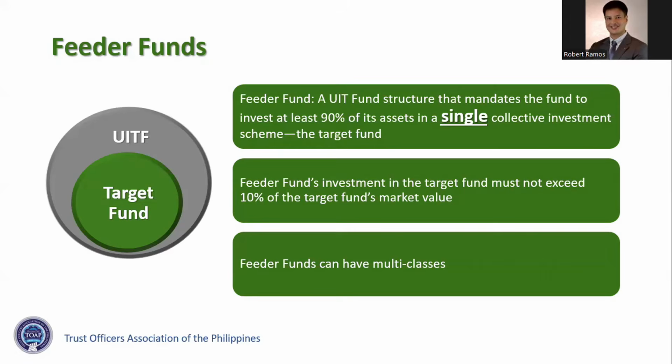So if you're investing in a global S&P 500 or a global fixed income fund, having 90% of the money in the UITF, you will be able to experience the returns of that particular target fund. What happens to the 10%? Well, the 10% can be used to service liquidity and can be used for special needs if there are payouts that need to be made for distributions. Feeder funds can also have separate classes or multiple classes.